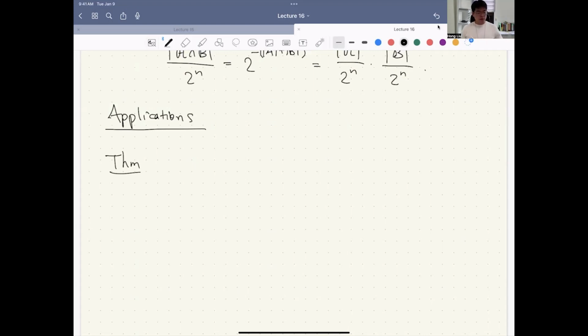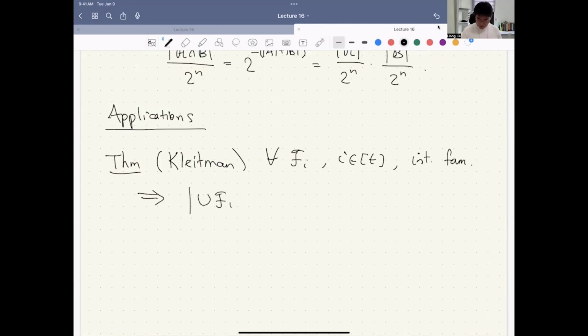This is a theorem of Kleiman. For any F_i, i in T, intersecting families, their union is at most 2 to the n minus 2 to the n minus t.